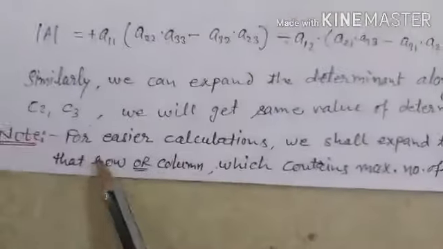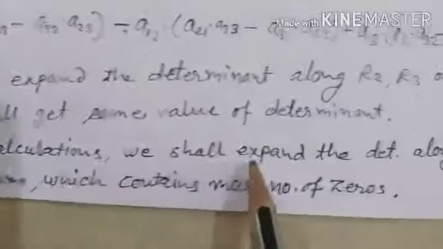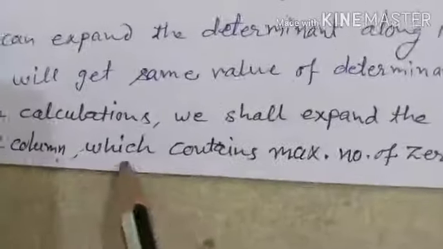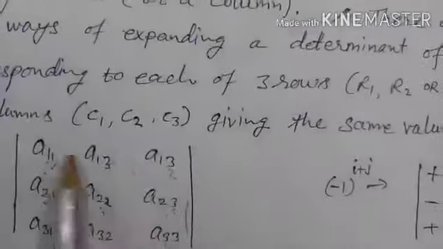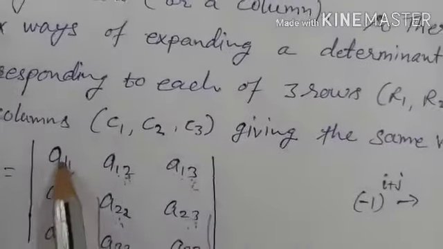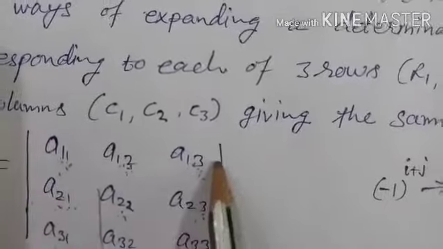Note one more thing, note that for easier calculation we shall expand the determinant along that row or that column which contain maximum number of zeros. Suppose in first row there are 2 zeros, first element suppose this is 5 or 6, and second and third 0, then we expand along first row.